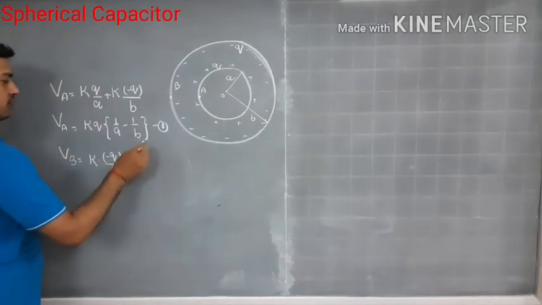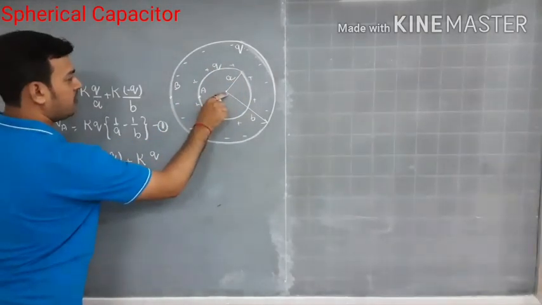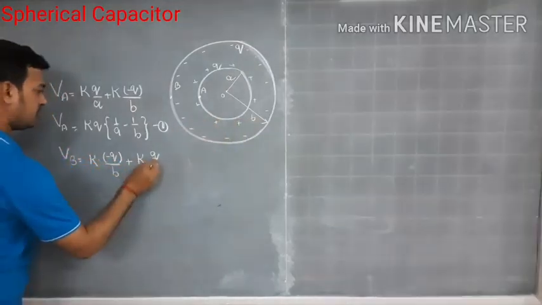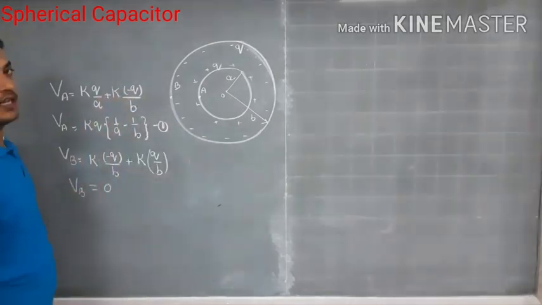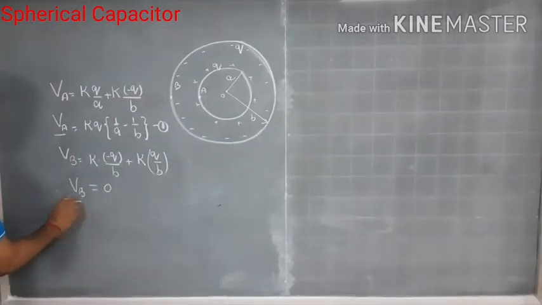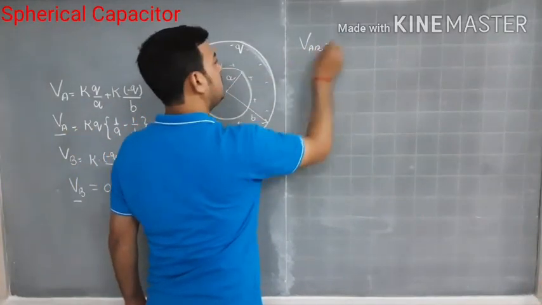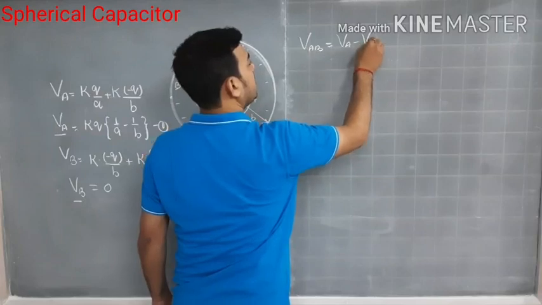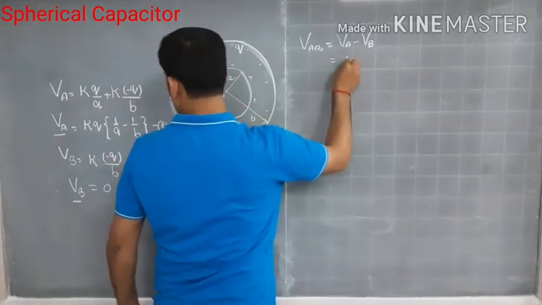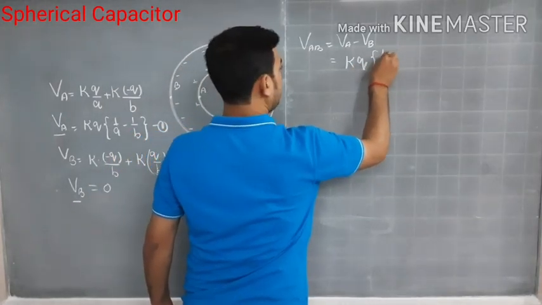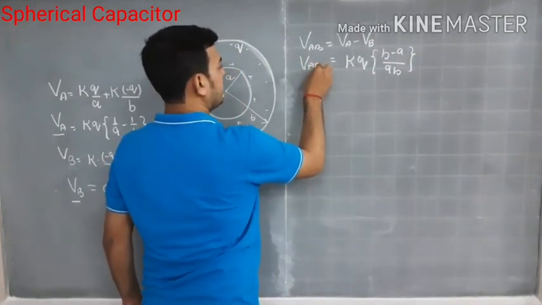For that we write K times the charge on the inner shell, but the separation will be from the center to this point, and that is B, which gives me zero potential of the outer shell. So now the potentials are known, and we can find the potential difference between these two shells. This will be VA minus VB, and as VB is 0, it will be the potential of A. I can write it like KQ (B minus A) by AB, and this is the potential difference.